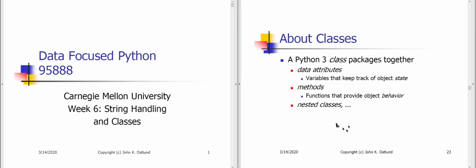So all we have remaining here in week 6 is to talk about classes in Python. We've been using some built-in data structures, list, tuple, set, and dictionary, also string to a certain degree.